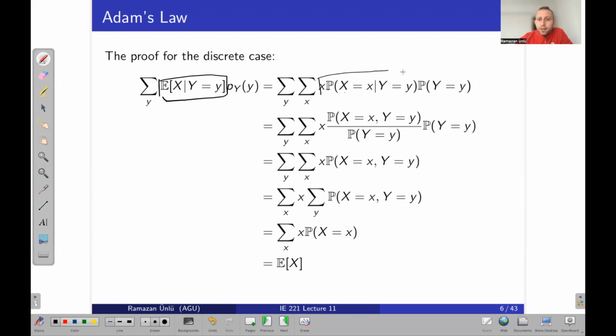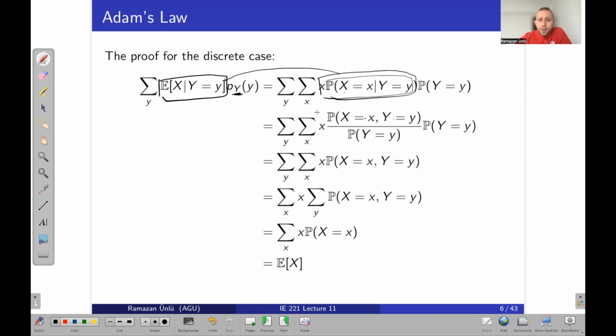This part is the conditional expected value of X, and that is the probability of Y equal to y. Again, remember from the previous lectures, we can write this part as the probability of X equal to x and Y equal to y, scaled by the conditioning event, which is the probability of Y equal to y.